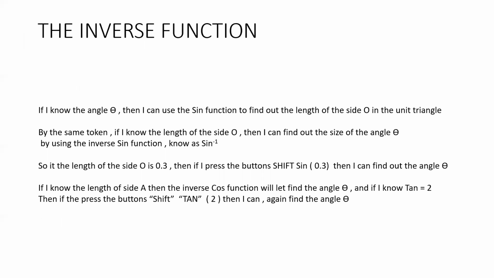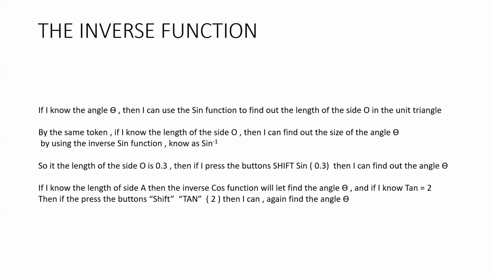Now, the inverse function. If I know theta, I can work out the length of the side. Similarly, if I know the side length of the unit triangle, I can work out what theta is using what we call the inverse function. And to get it, say the side length 0.3, then to get the inverse function on my calculator, you just do shift sine, which will bring up the inverse function.